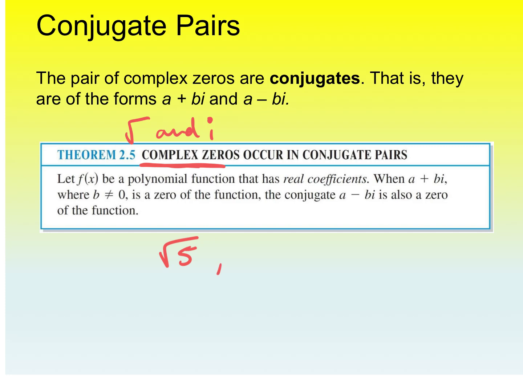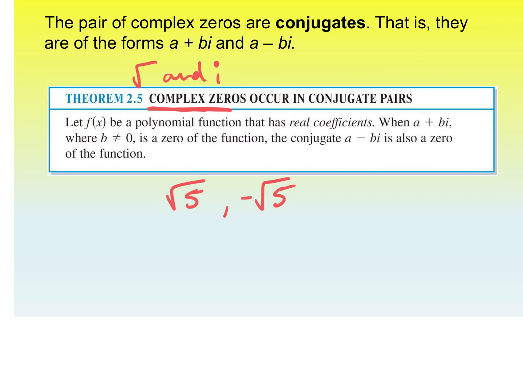So I would also know that negative square root 5 is one of my zeros of the function. If I had something like 2 plus 3i as one of my zeros, what would another zero be? 2 minus 3i, awesome. The conjugate pair would also be a zero. So complex zeros occur in conjugate pairs.